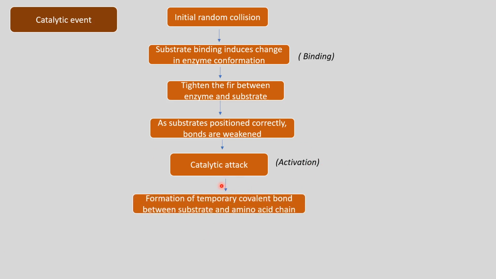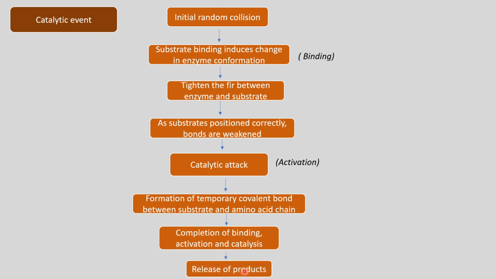Now the catalytic attack leads to formation of a temporary covalent bond between the substrate and the amino acid present in the active site. So a temporary covalent bond is formed, and this then leads to breaking down of the substrate. So after the completion of the binding process, activation process and catalysis process, release of products takes place.